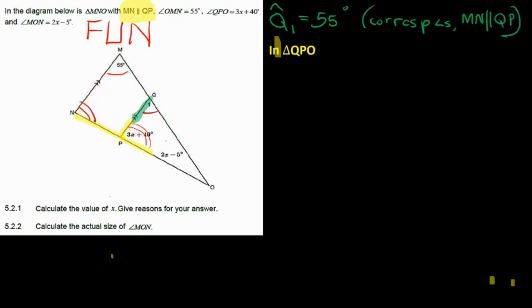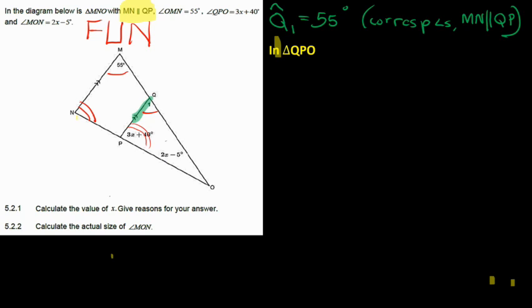Now we are going to use triangle QOP, because triangle QOP has three pieces of information that we can use to work out the value of x.